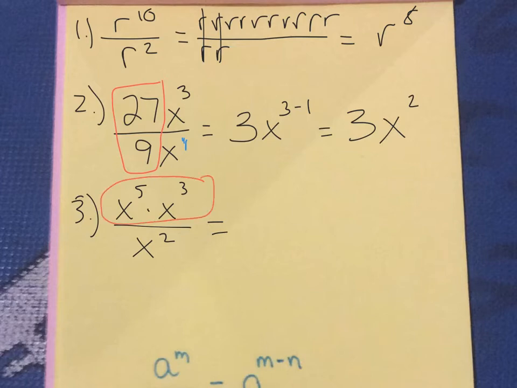In order to do that, remember, I'm going to add those exponents. So that's x to the 5 plus 3, which is 8, over x to the 2nd. Now I can subtract those. So 8 minus 2 is x to the 6th. If you want to put some more difficult problems on there, feel free. We've had some on our worksheets, so take a look at those as I roll on.